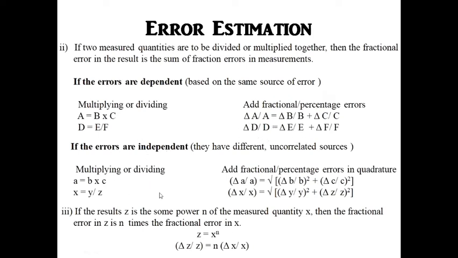In the case of independent errors, you take the fractional and percentage errors in quadrature. When z is some power of a measured quantity, the fractional error in z is n times the fractional error in x, where delta x by x is the fractional error in x.